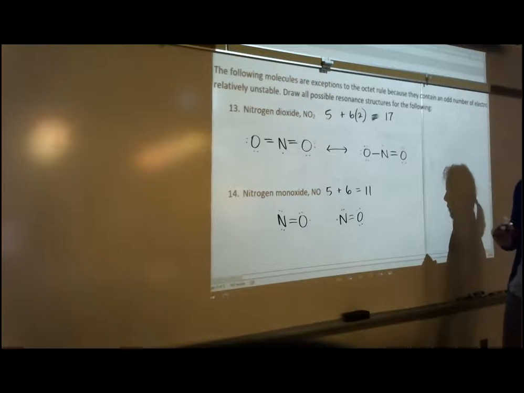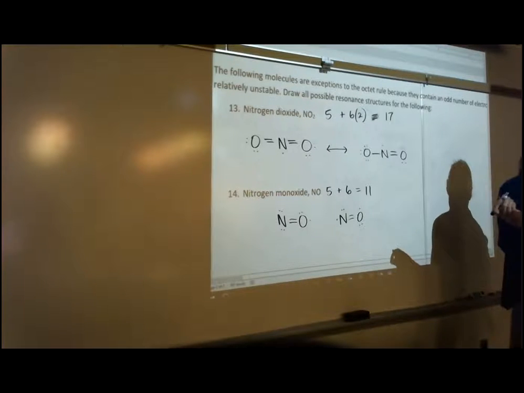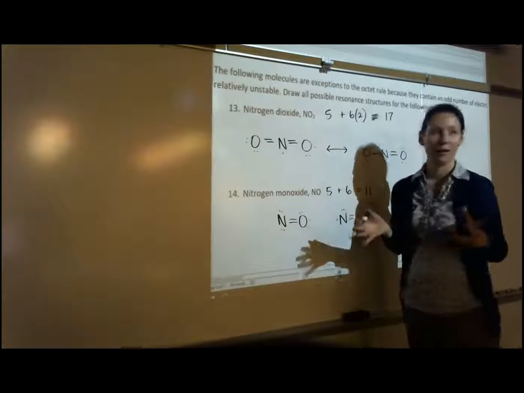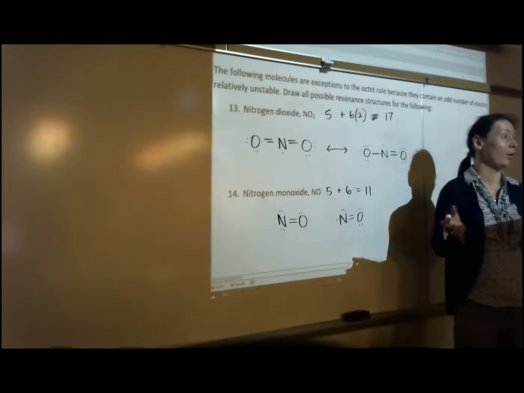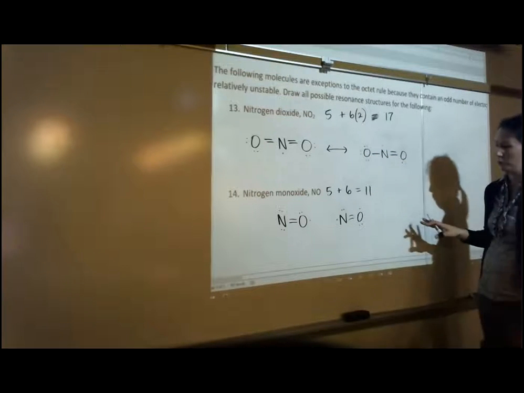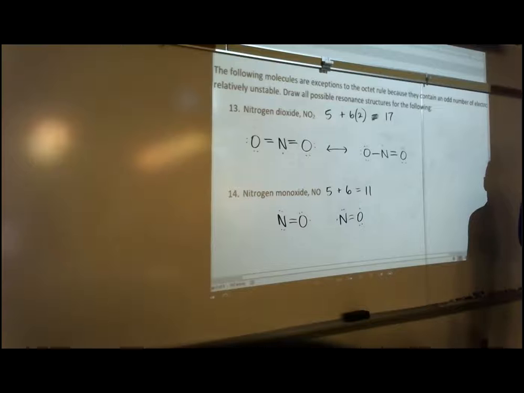Did anyone try maybe a triple bond? Like I said, next semester, if you take general chem, we'll play around with our formal charges and figure out which one's the best. But now in intro chem, we're just coming up with as many options as we can. And then in general chem, we'll use formal charge to distinguish which one's the best.